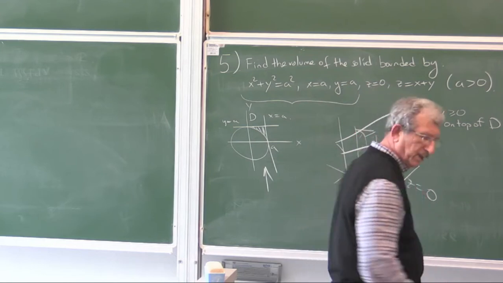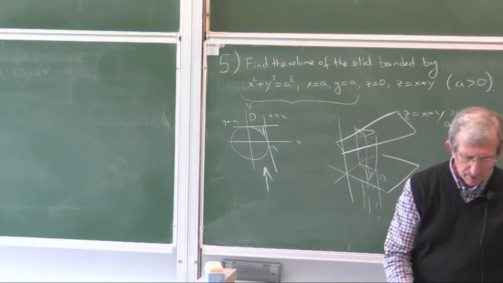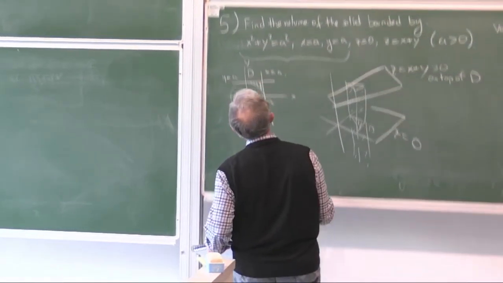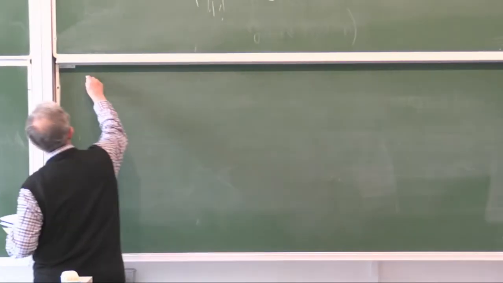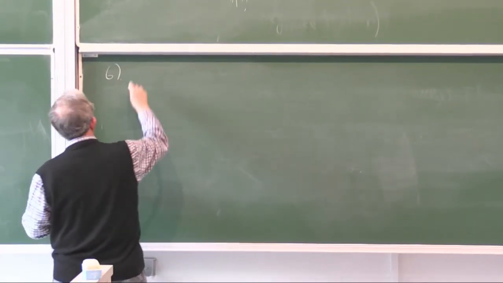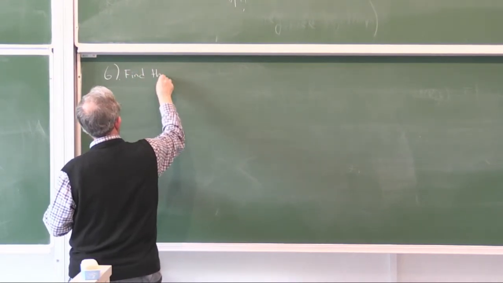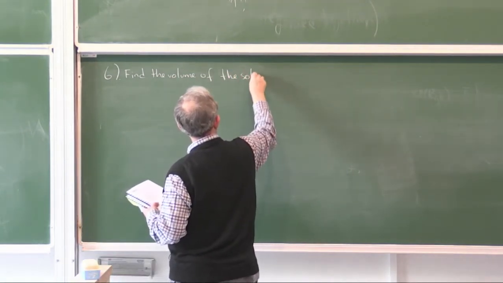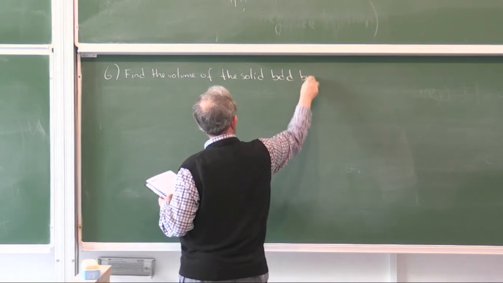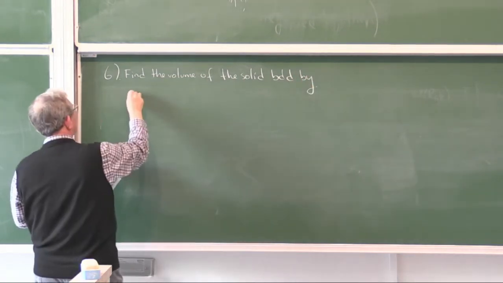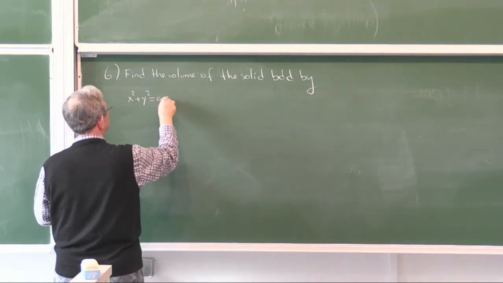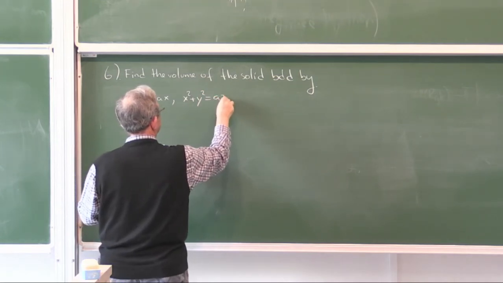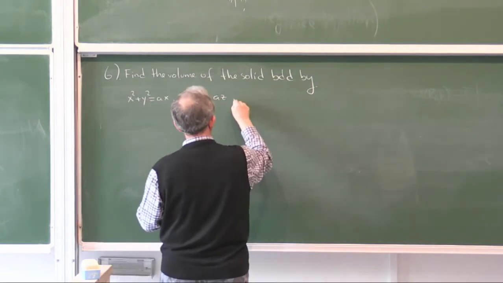Okay. My sixth example is to find the volume of this solid bounded by the following surfaces: x squared plus y squared equals ax, x squared plus y squared equals az, and z equals 0.